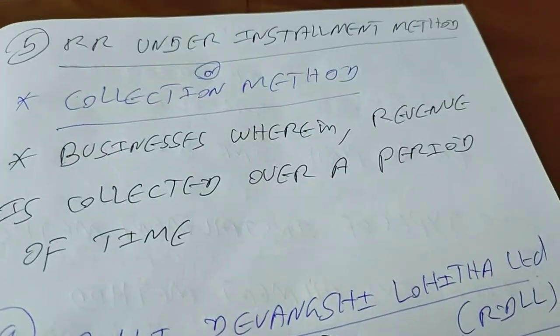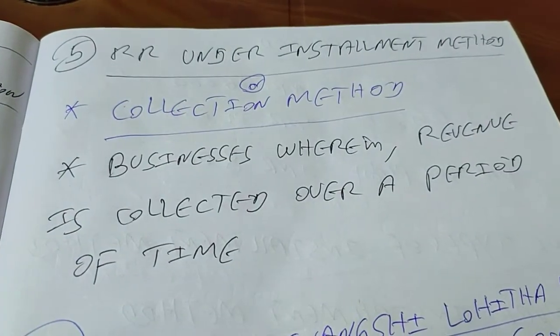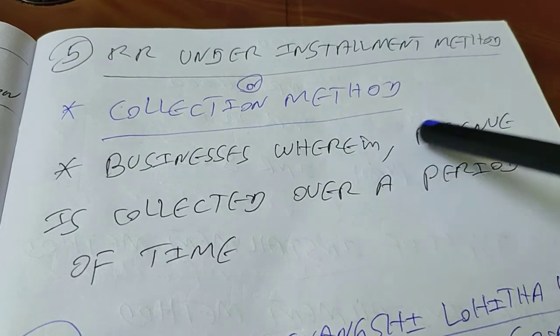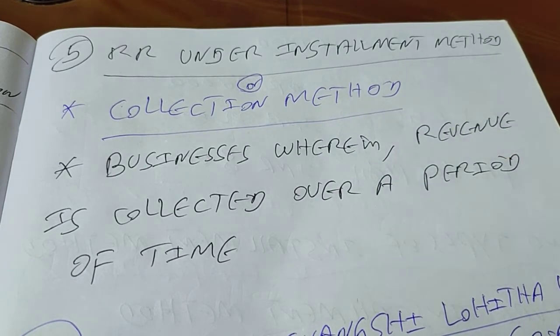Let me take you through the last commonly used method of revenue recognition, which is known as the installment method, otherwise known as the collection method. Nowadays, we are living in the world of EMI. Most companies dealing with durables or automobiles or even financial loans give the product at one time, whereas the seller or service provider recognizes revenue over a period of time, because the customer is going to make the payment over a period of time.